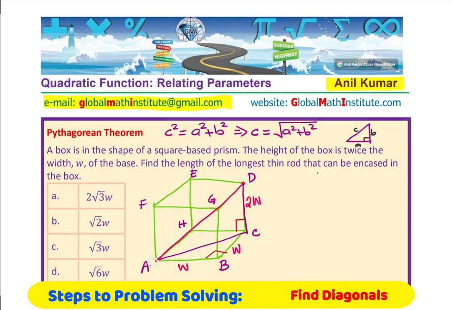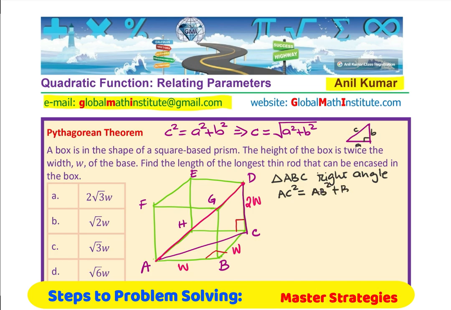So here what you see is that we have triangle ABC, which is a right angle triangle. Since it is a right angle triangle, we can say AC square is equal to AB square plus BC square, which is equal to W square plus W square, because that width is given to us.